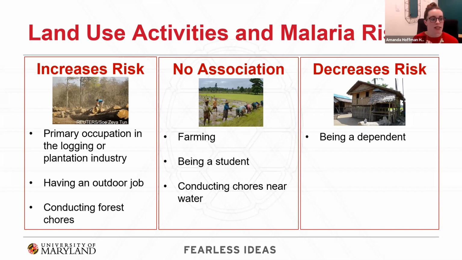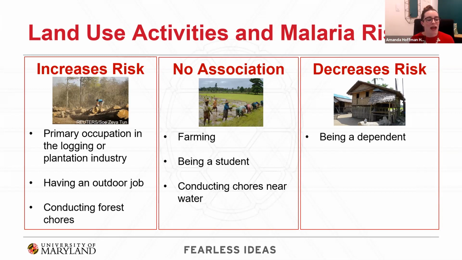We had some participants that said they had a job in the logging industry, but they also did farming every week for multiple hours a day, and they also conducted forest chores, and they also did water chores, and they also worked in a mine. There was not a single person that was like, I'm only a farmer and that's the only thing I do.